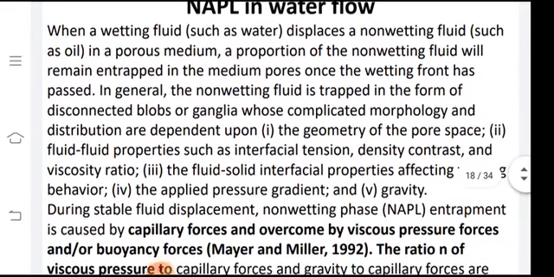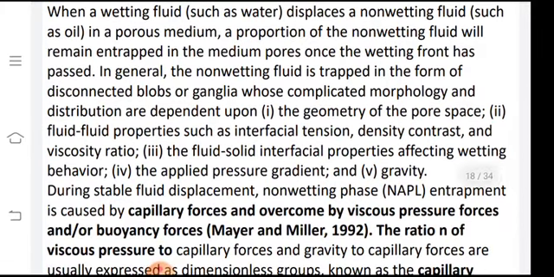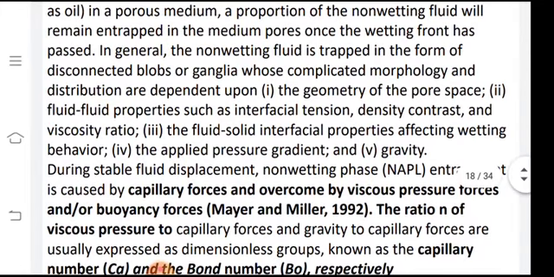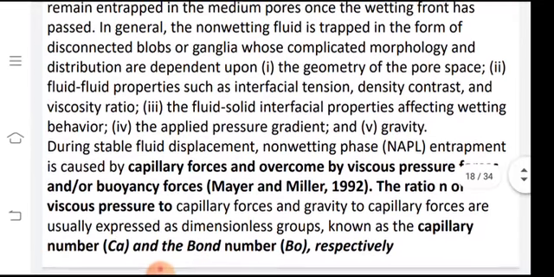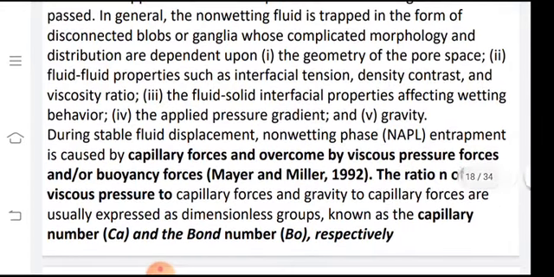Once the wetting front has passed, in general, the non-wetting fluid is trapped in the form of disconnected blobs, whose complicated morphology and distribution are dependent upon the geometry of the pore space and density, contrast, viscosity ratio.